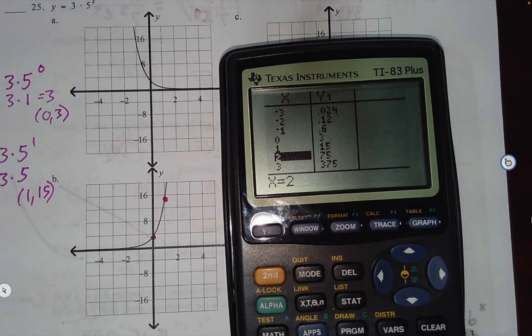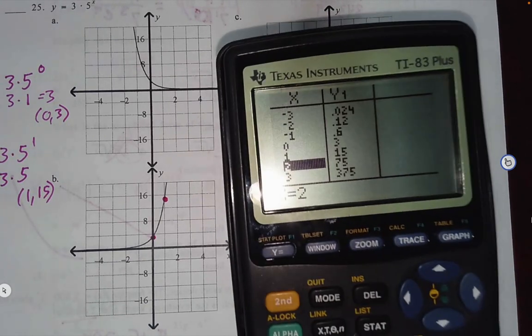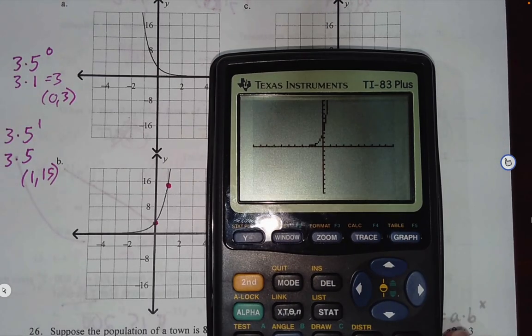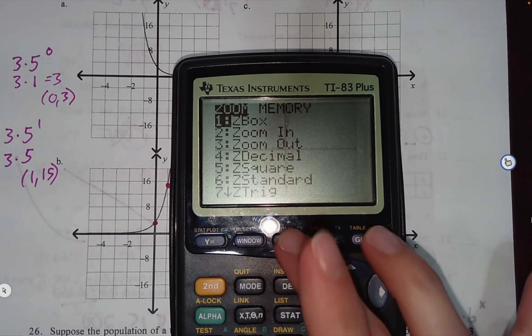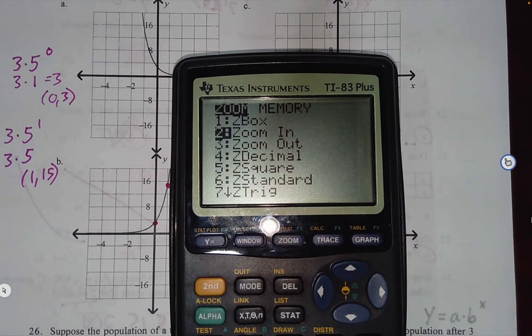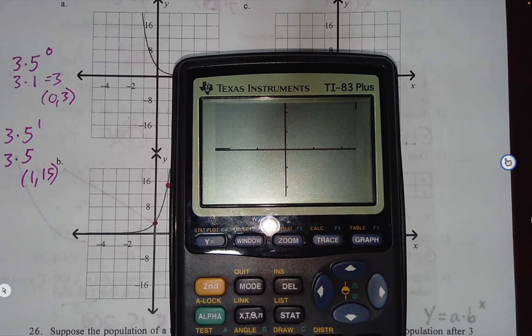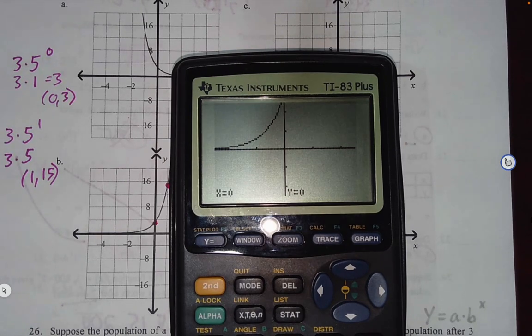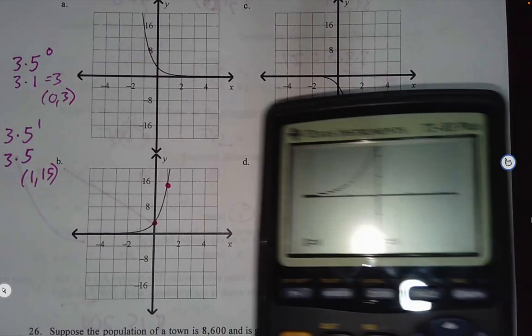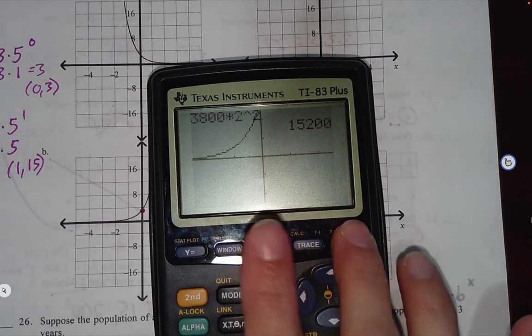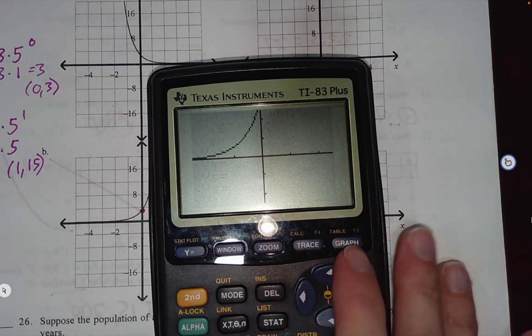I don't want you up here asking how to do a problem, but you can always ask me a calculator question. Zoom in. Alright, how do you go back? Very good idea. So if you're on your graph, you can press zoom in, number 2, and press enter again, he says. Look, he's teaching me. Then you can kind of see what it looks like a little bit better. Let me go back to y equals graph.